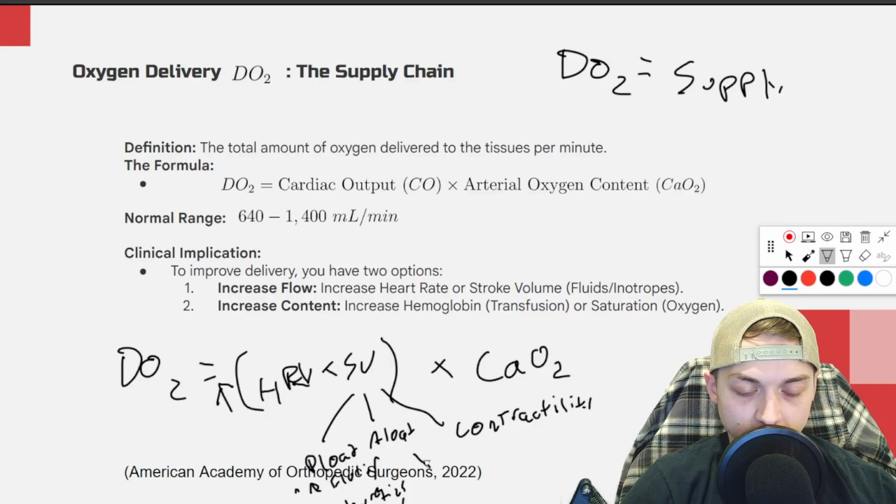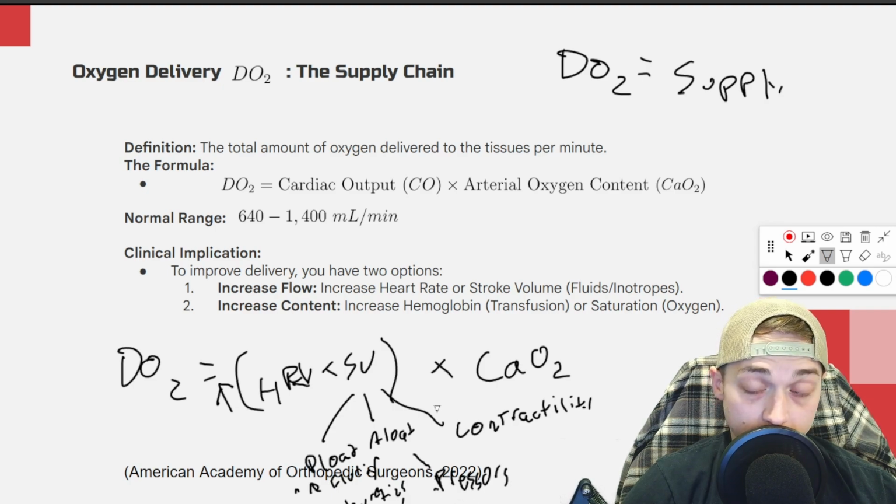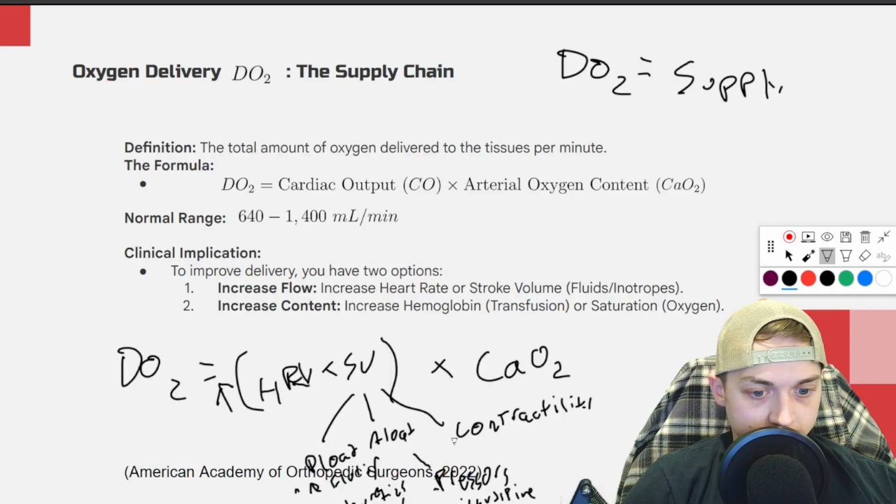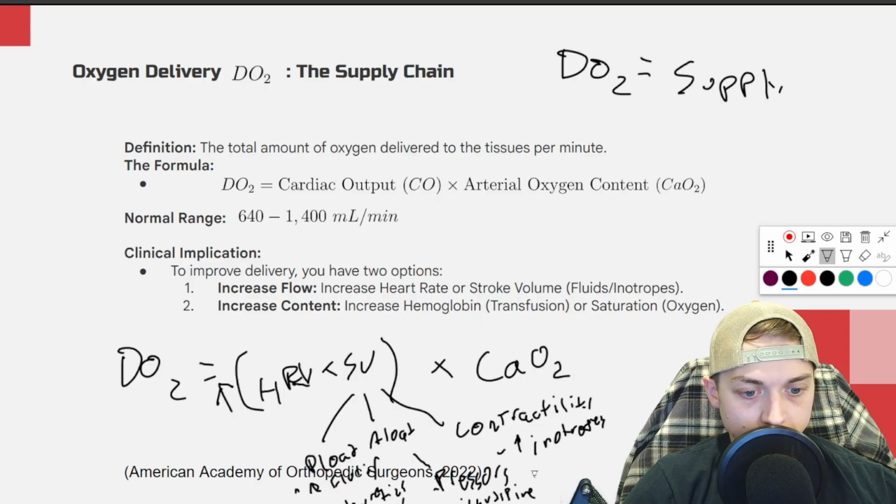If we wanted to increase our afterload, we could give them pressors. If they had high afterload, we could maybe put them on a nicardipine drip. And if we wanted to alter our contractility and increase it, that's our inotropes, positive inotropes. And if we wanted to lower it, we could maybe do a beta blocker or something like that.